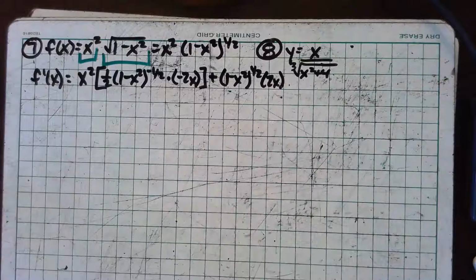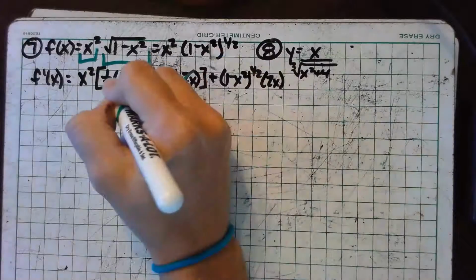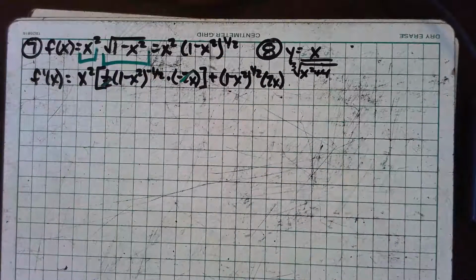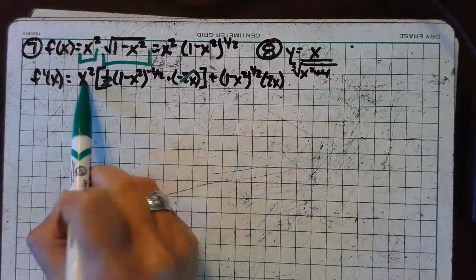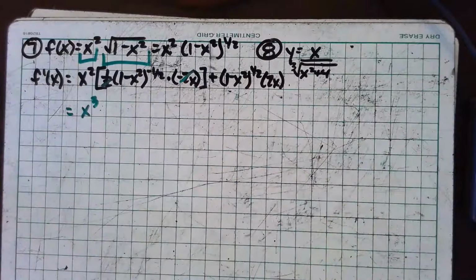I'm running into number 8, but that's all right. Okay. So let's clean this up a little bit. You will notice that here the 2's cancel. Okay, this is x squared up top. This is an x up top, so that actually makes x cubed.